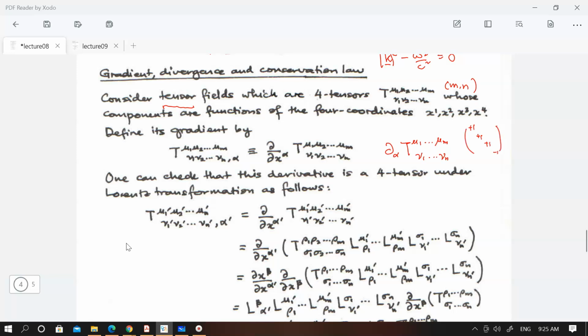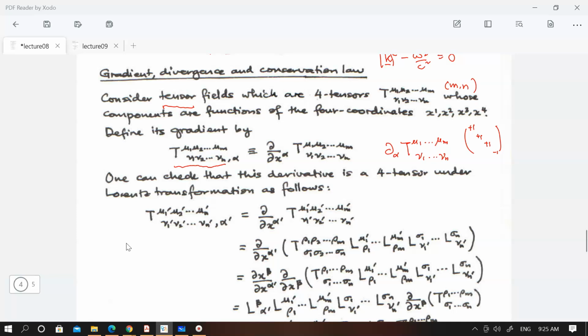Whenever you read a different book, you have to check which metric signature they are using. Now the question is, you have this object which has more indices because of this derivative index. One could ask whether this object is also a tensor or not.